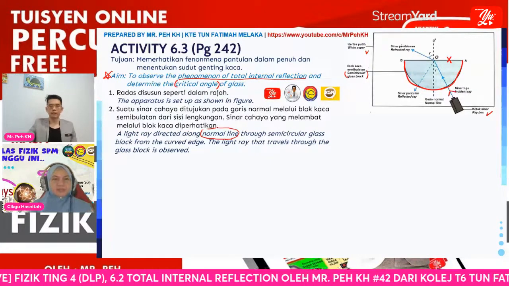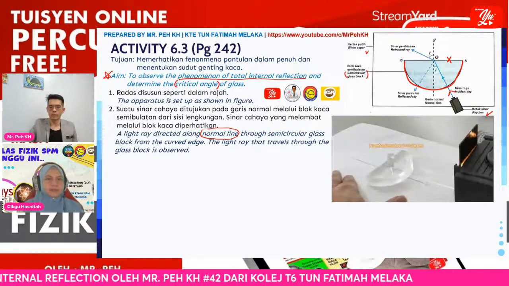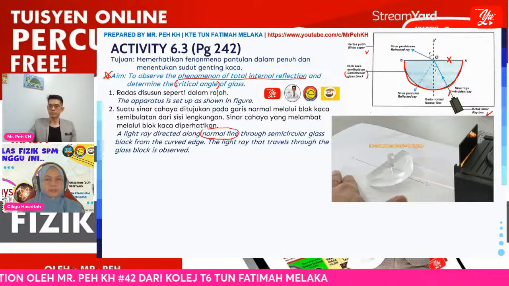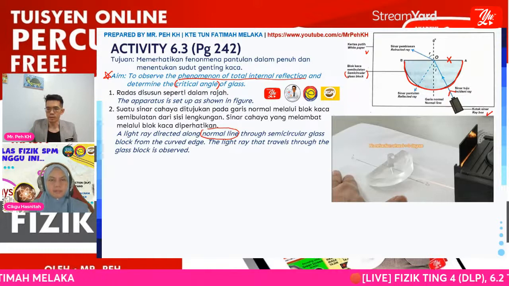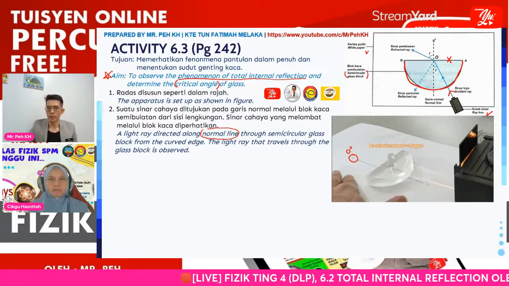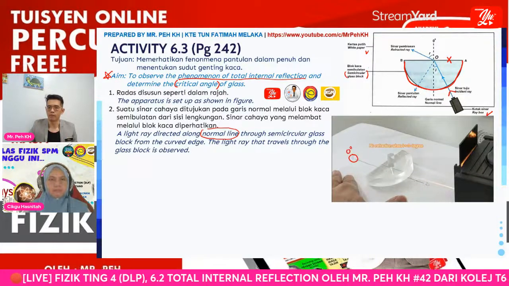Okay, and then you need to observe. You can see this short video clip here. Firstly, we need to draw the normal line, showing 0 degrees, on the A4 paper.